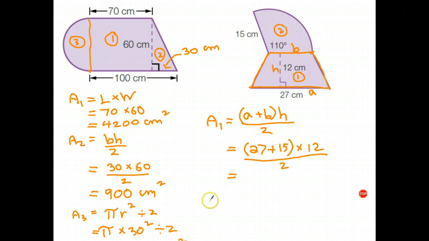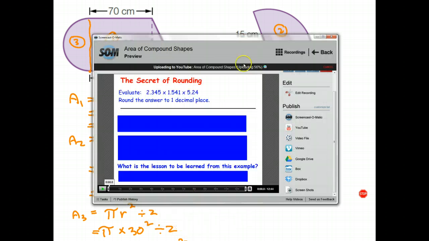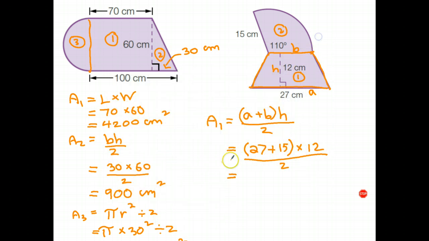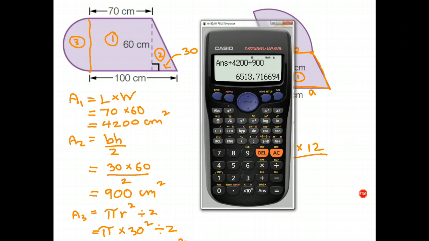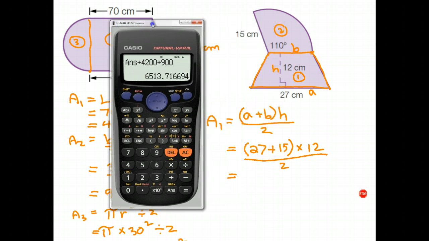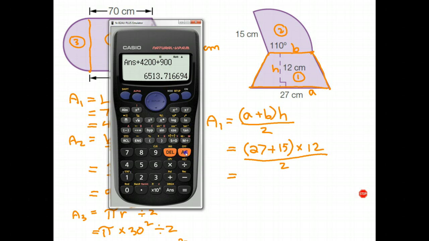Okay, let's go ahead and type that in very carefully. Oops, I just hit the wrong button. Try that one. Drag that out of the way. All clear. Okay, again, it makes it easier if you have a calculator that actually has a fraction button on it. That way I can set it up so it looks exactly like what I've written down.